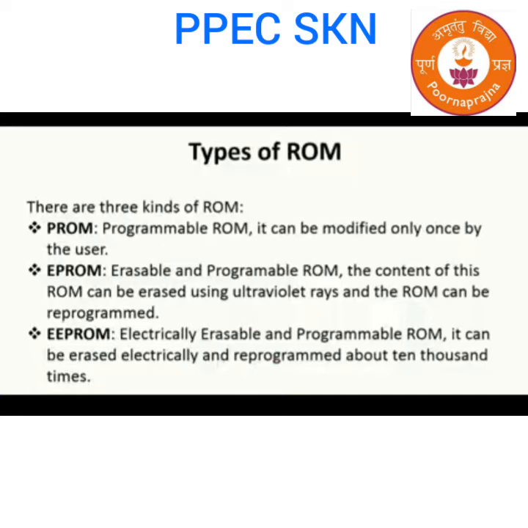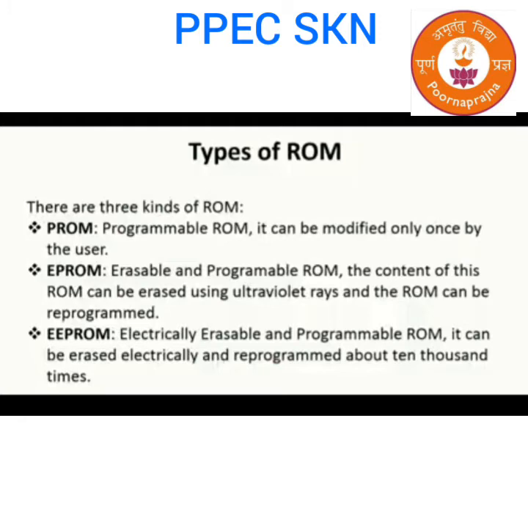That's why it's known as programmable read-only memory. Once you modify the content, then that PROM is a read-only memory again. Again you can read, but you can't edit the content inside the programmable read-only memory.